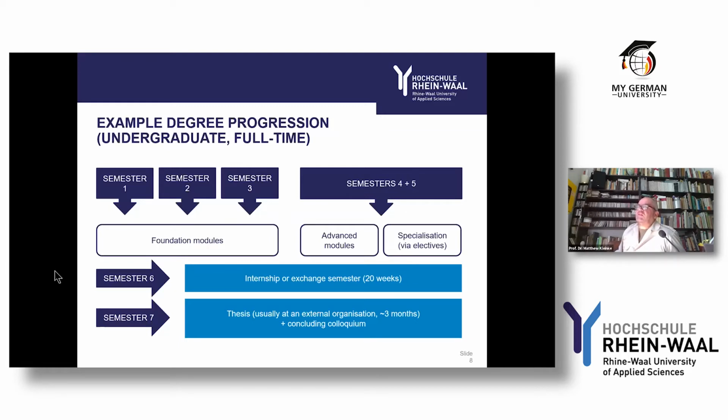In the first 3 semesters, we have these foundation modules, the subjects which belong to our study courses, and they are supported or specialized later on in advanced or specialized modules in the 4th and 5th semester. What is probably a bit different from other study courses is that we have in the 6th semester an internship, which is obligatory.